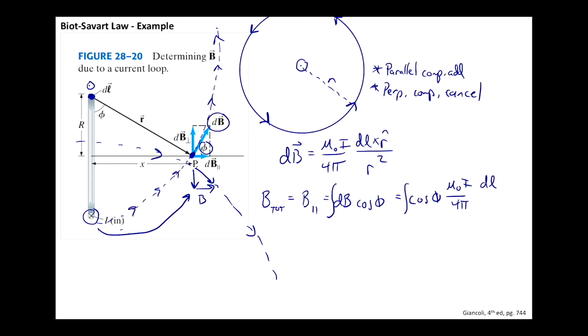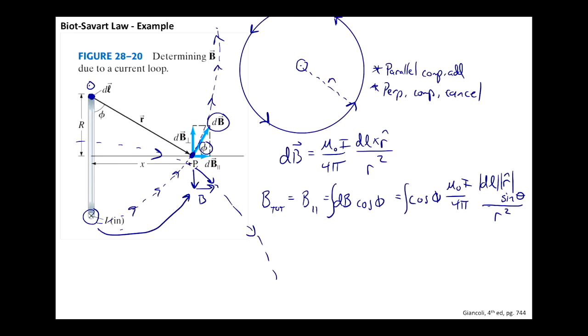And let's go ahead and write this as dl magnitude r hat magnitude, I'm out of room, times the sine of the angle between them over r squared. Did I leave anything out there? So the cross product is the magnitude of the dl vector and the r hat vector times the sine of the angle between them, and we have an r squared in the denominator.